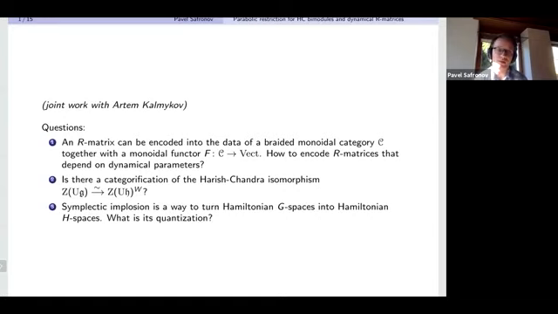So this is not a braided monoidal functor, it's a monoidal functor. And then since it's not braided, you can measure how non-braided this functor is. So for any two objects of C, you can braid them, look at the image under F, and then braid them in Vect.